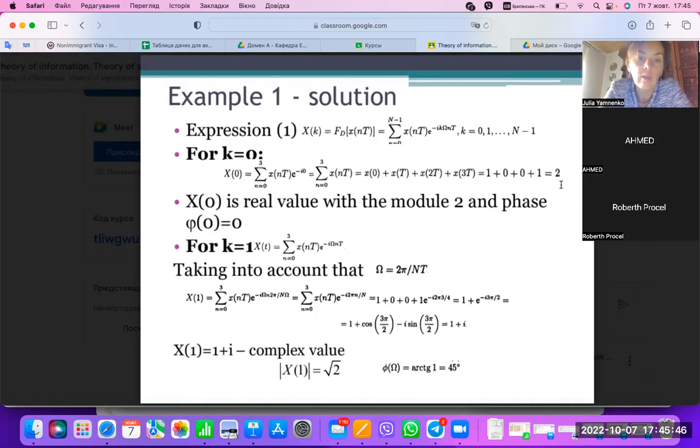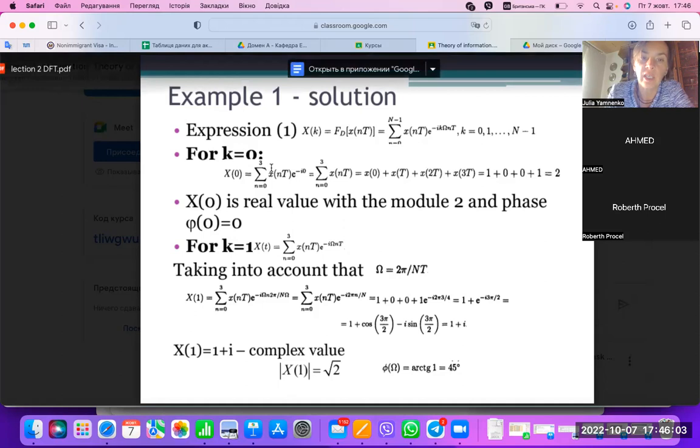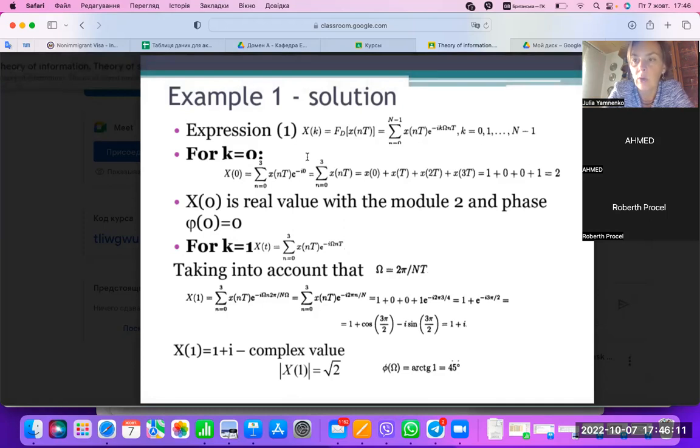And actually the first component of the spectrum for every arbitrary function will always be not complex but a real number, because when we put k equal to 0, we drop the complex j, and we will have only the sum of the values of the original function.